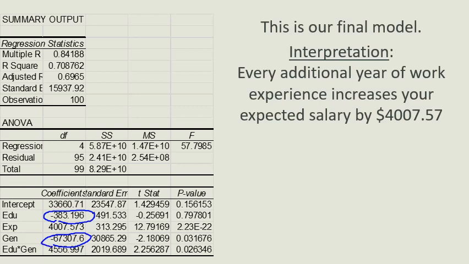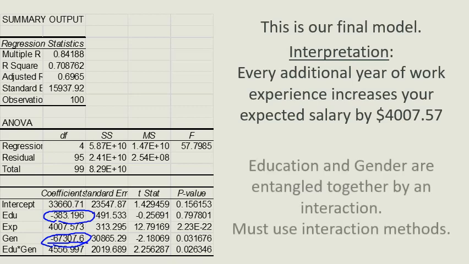It looks like more education means less salary, and that men make $67,000 less than women. But these variables are tangled together by their interaction variable. So we can't just look at one slope coefficient separately. We have to look at the entire tangled mess as a whole, like we did in the last video.